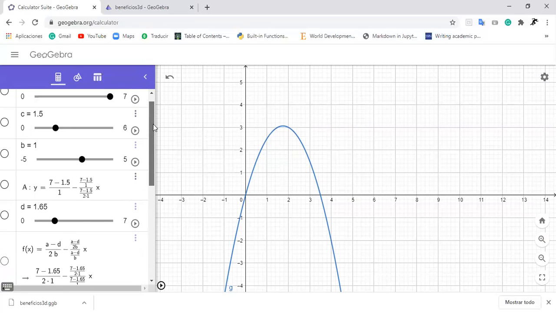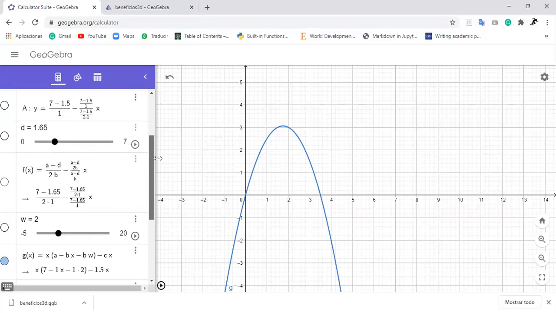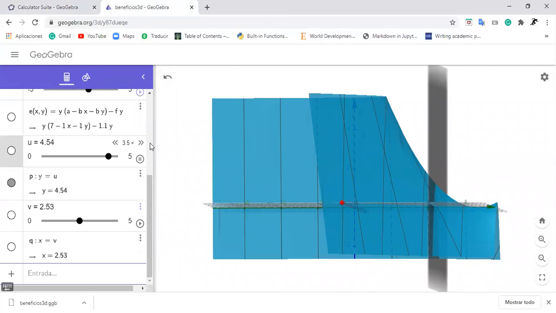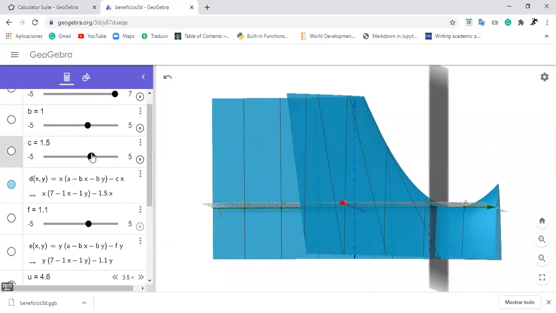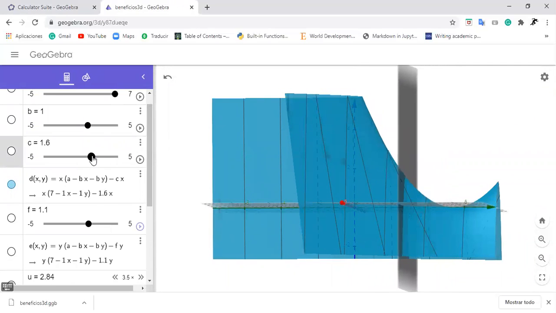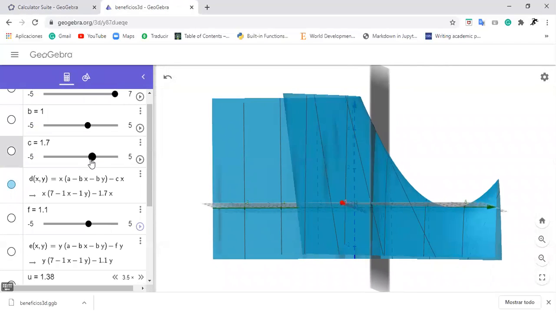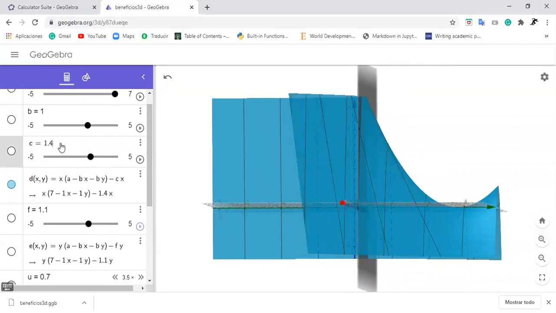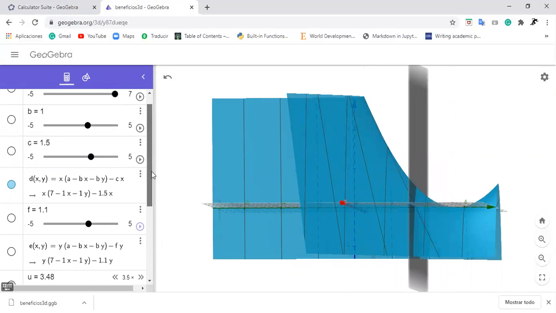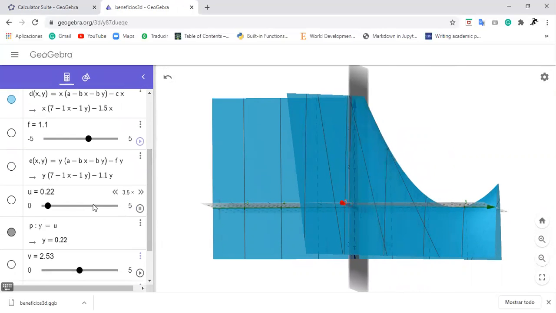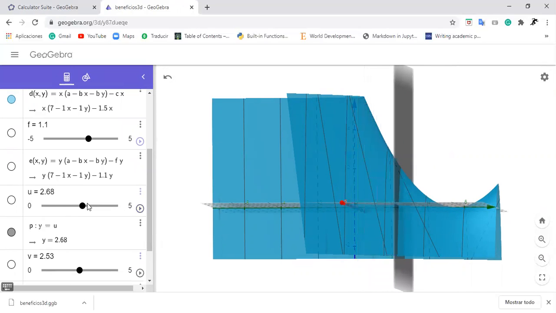So let's do the three-dimensional graph. Let me set the cost. Let me set 1.5, remember, that was the cost. Okay, and let me stop this slide at number 2.